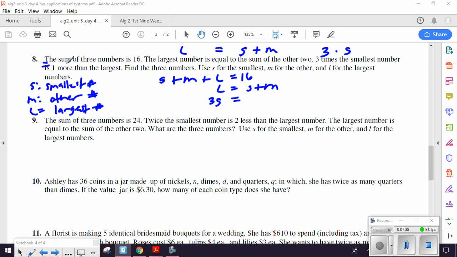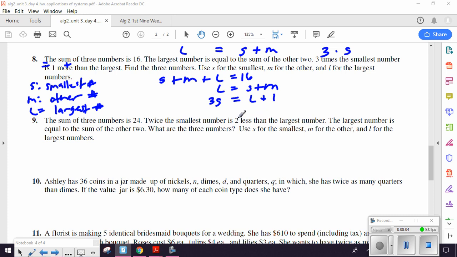More means addition, usually. So that means L plus 1. For example, if I have 5 shirts and you have one more than me, you have 6. So that means 5 plus 1, 6. So that's why I said one more means addition. So there are my three equations.